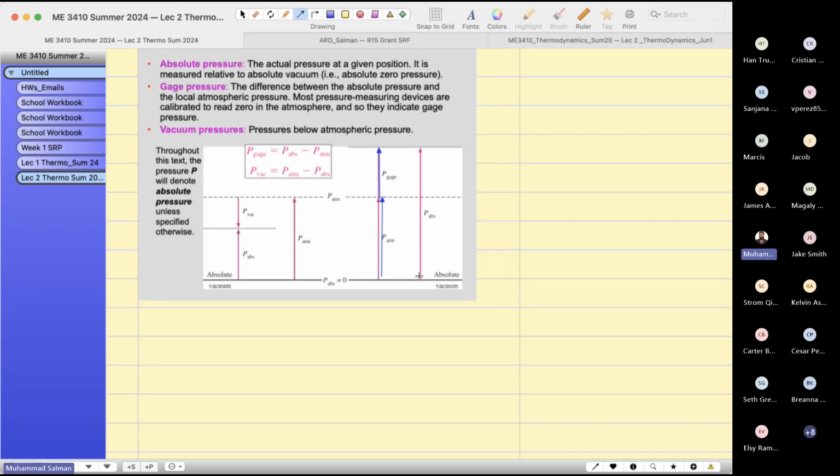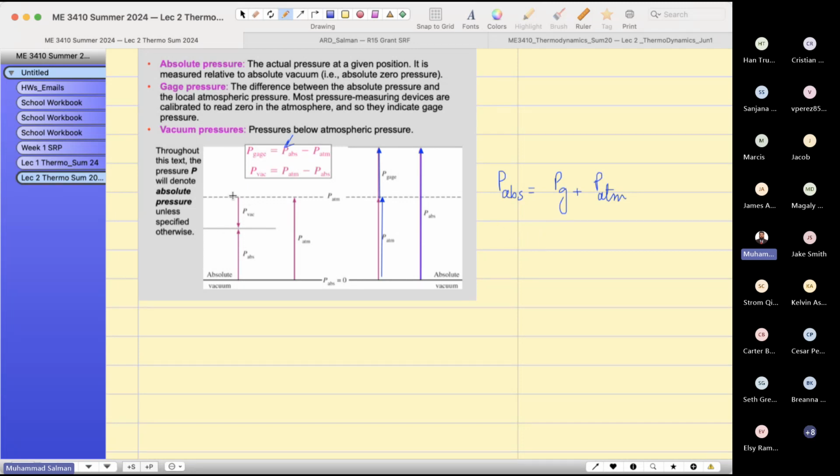If you want to calculate the absolute pressure, you have to add P atmospheric to the gauge pressure. So P absolute is P gauge plus P atmospheric, or P gauge can also be written as P absolute minus P atmospheric.